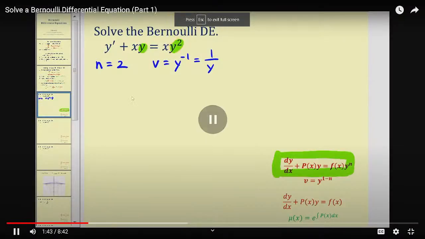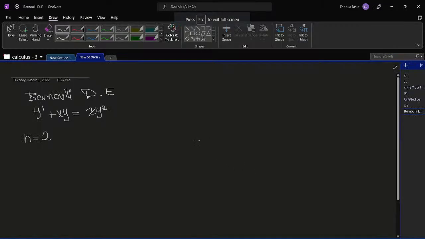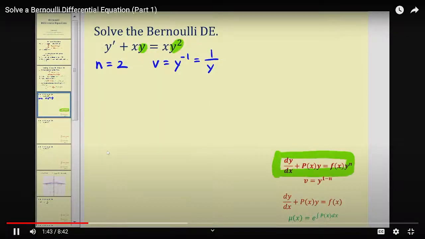After there's a formula, v equal to y to the 1 minus n, which is basically saying that v is going to be equal to y to the 1 minus 2, right? It's going to be y to the minus 1.